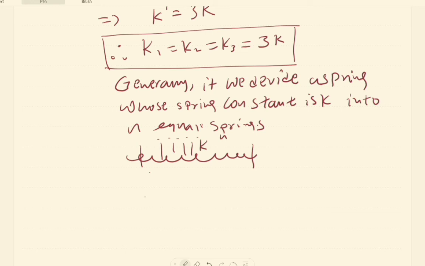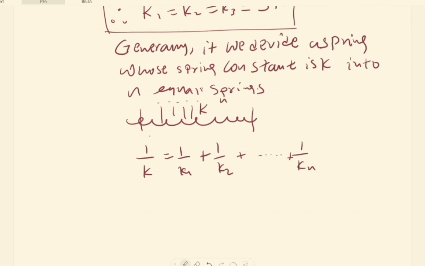simply, from the previous relation, 1 over k equals 1 over k1 plus 1 over k2 plus up to 1 over kn. So we consider n number of springs. Since each spring constant is equal, 1 over k would be n times, let's say, 1 over k prime.